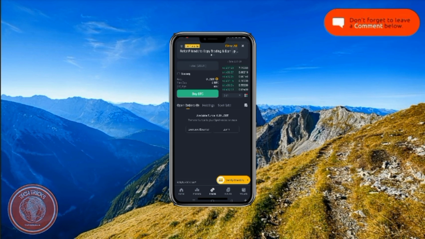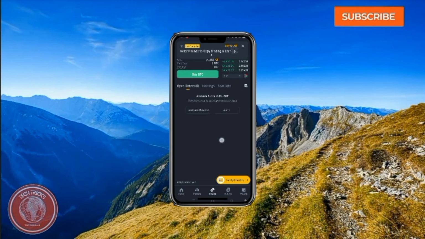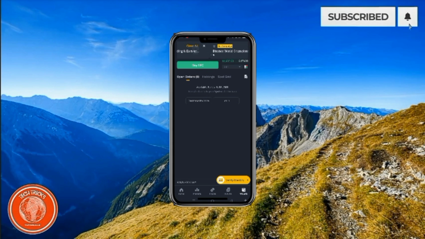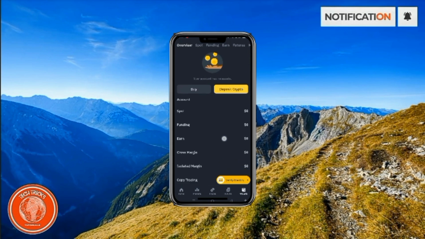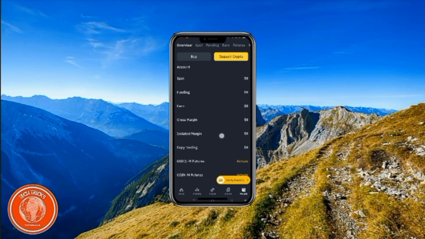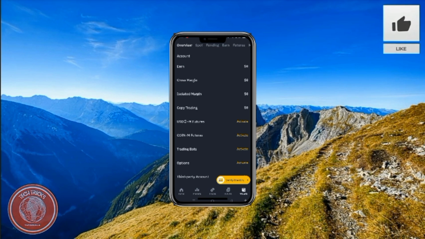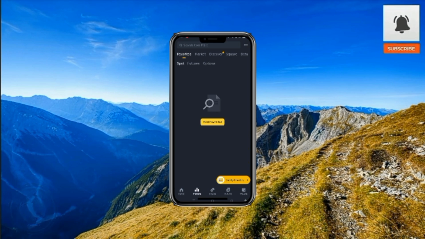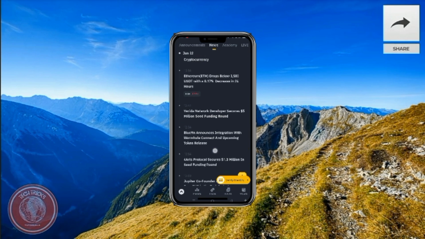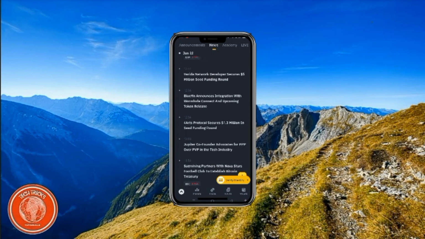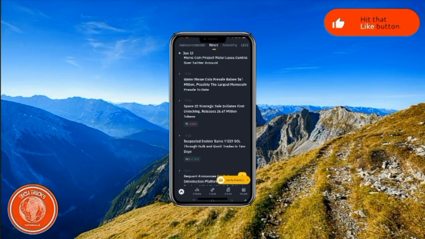And of course, the buy and sell box, where you can enter your buy or sell orders. And last but not least, the trade history, which shows your recent trades executed for the pair.